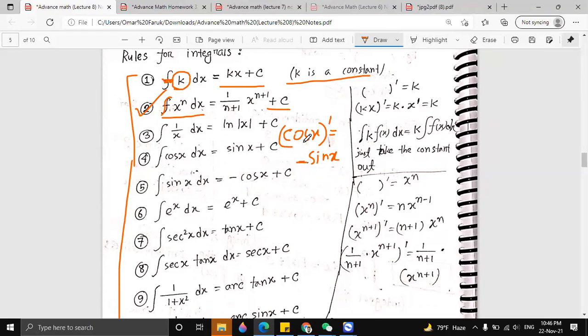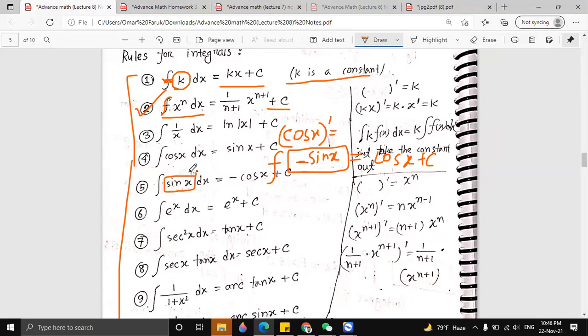No problem. So we know that the derivative of cos x is minus sin x, right? So the integration of minus sin x would be cos x plus c. But here we are taking sin x, not minus sin x.